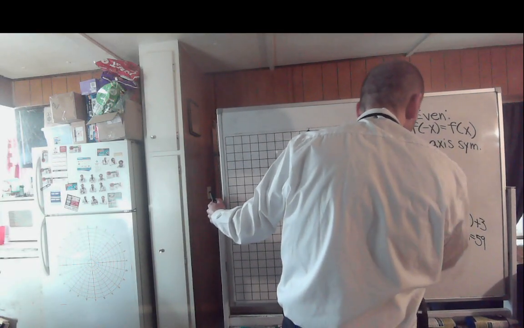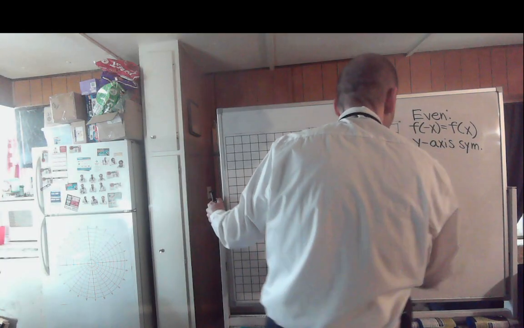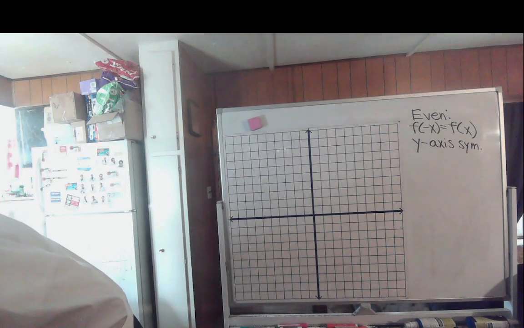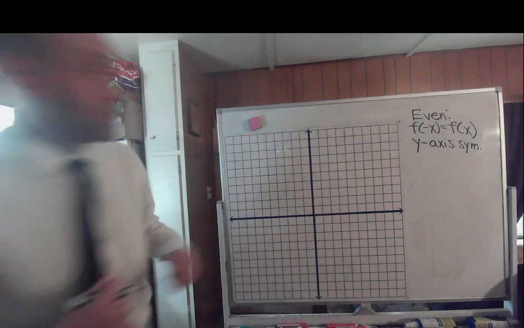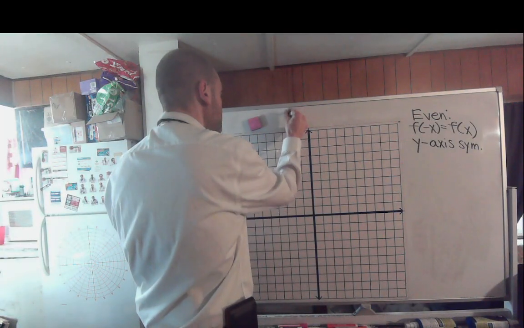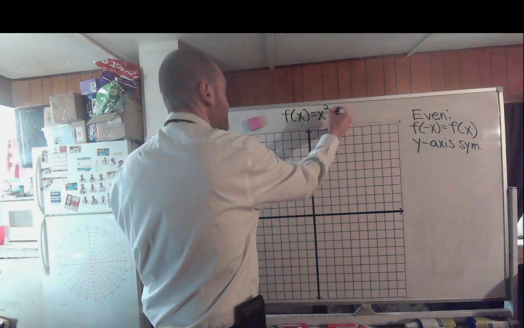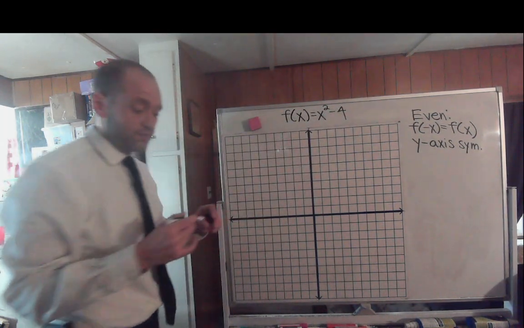So let's see what we got here. Here's a good one, a much easier one. F of x equals x squared minus 4.